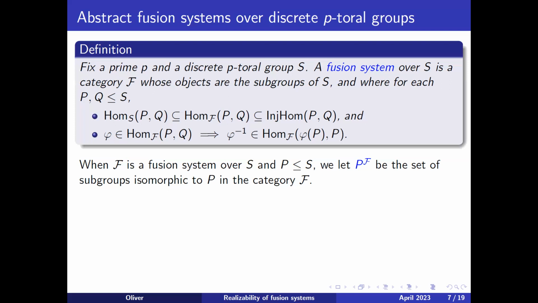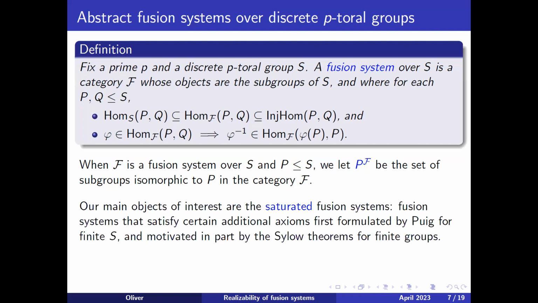Now, next thing is just notation. The upper F is the set of subgroups isomorphic to P inside the category F, or what we usually just say is F-conjugate to P.